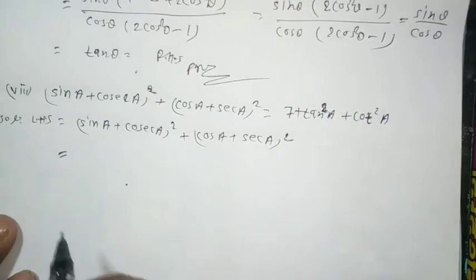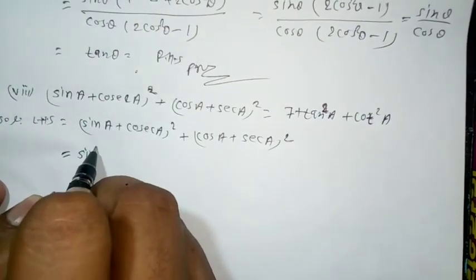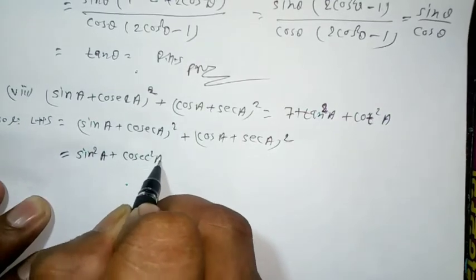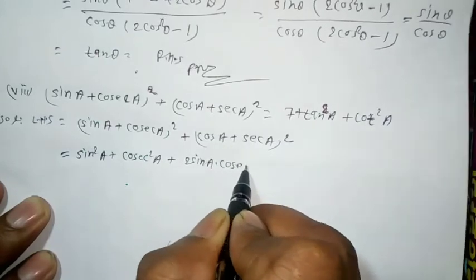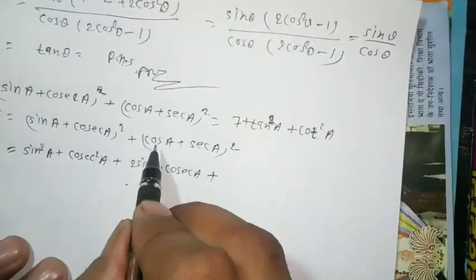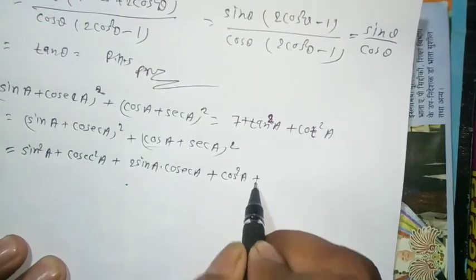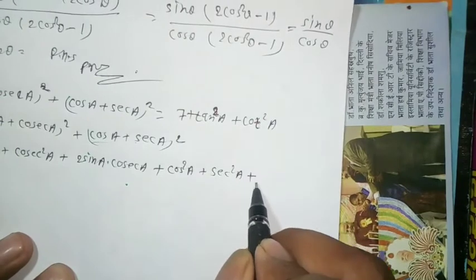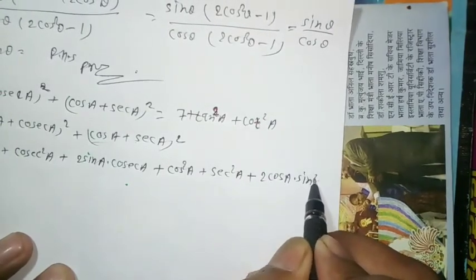So according to the formula we write sin square a plus cosec square a plus 2 sin a into cosec a plus cos square a plus sec square a plus 2 cos a into sec a.